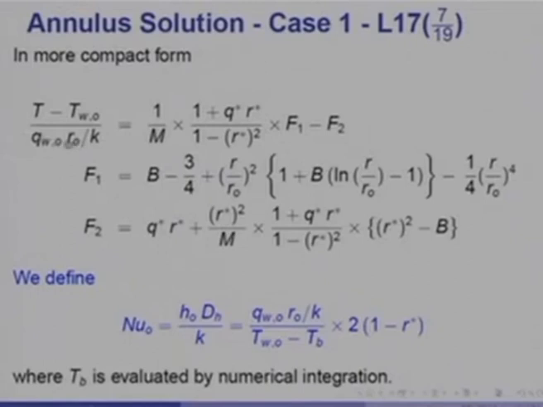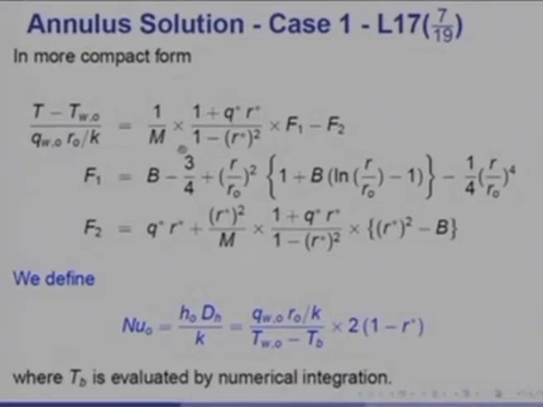Q wall R O by K has dimension equal to 1 over m into 1 plus Q star R star, plus, mind you, Q star is Q wall I minus Q wall O, 1 minus R star is R I by R O whole squared, multiplied by a function f 1 minus function f 2, and I have given here the values of f 1 and f 2.